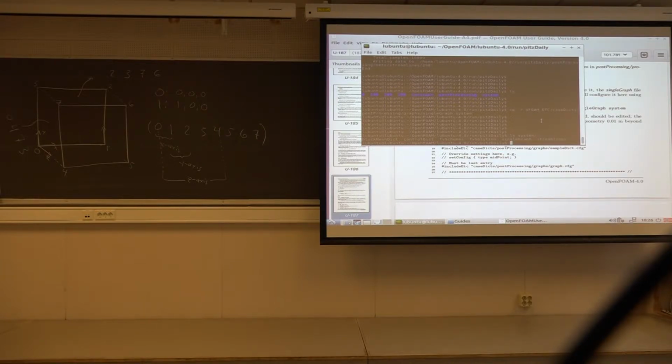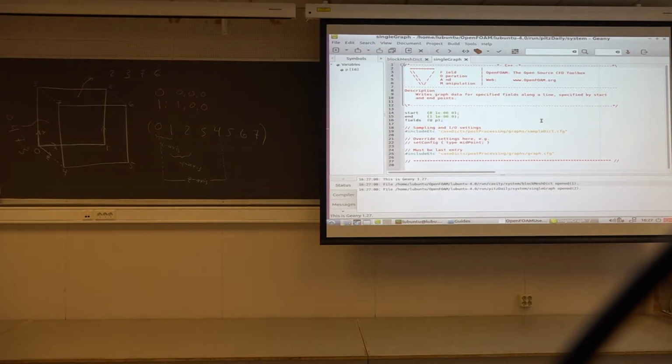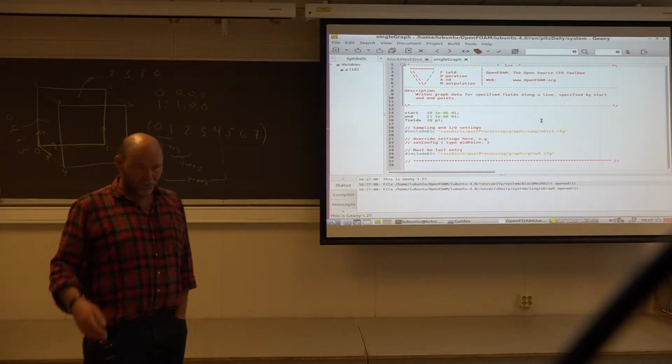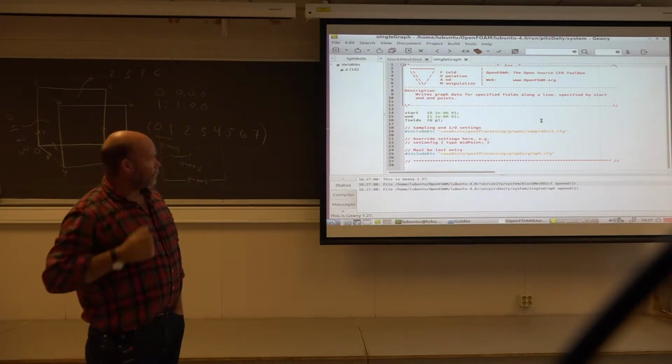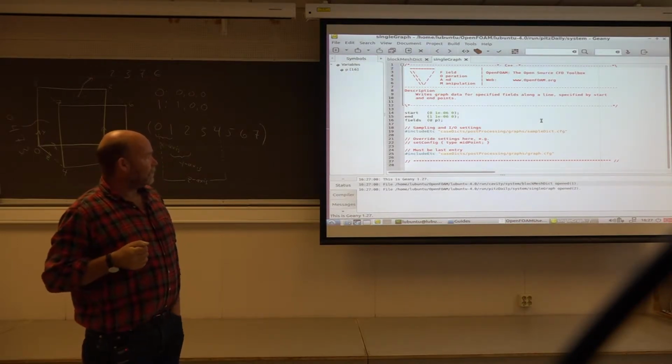That one has to be modified. So I start my editor, gedit system, and then this singleGraph file. So it looks something like this. This is sort of the default that comes with the distribution, and it has some very strange locations there.